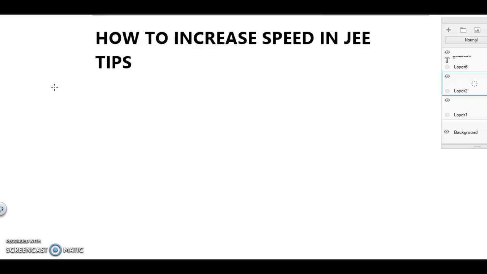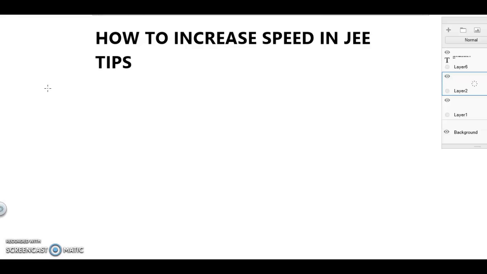These are my tips from what I have experienced in my GATE mathematics exam. Since JEE Advanced is conducted by IIT, they follow almost the same things every year. In this tutorial our main focus is how I increased my speed for my GATE and JAM examinations.